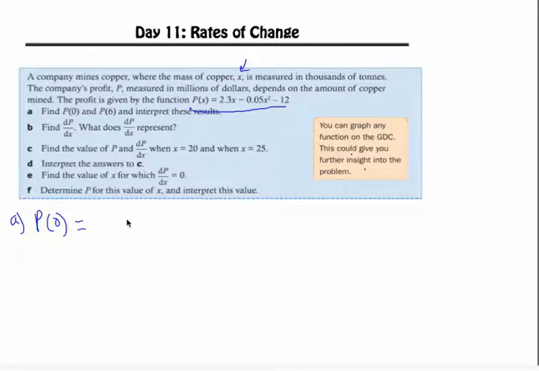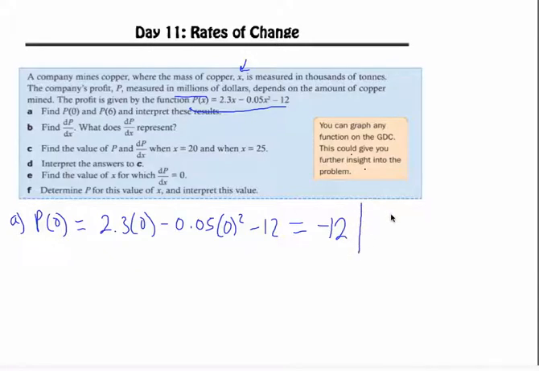So P0 is 2.3 times 0 minus 0.05 times 0 squared minus 12, which gives you negative 12. Notice in the question it says in millions of dollars. So this is negative $12 million.